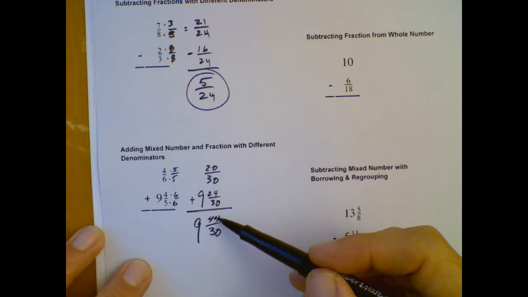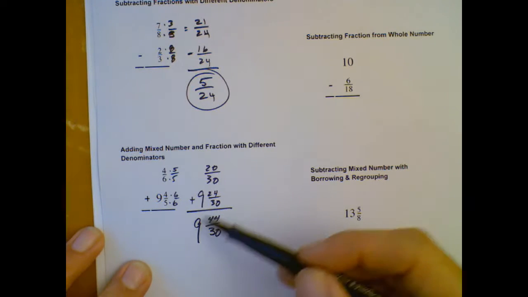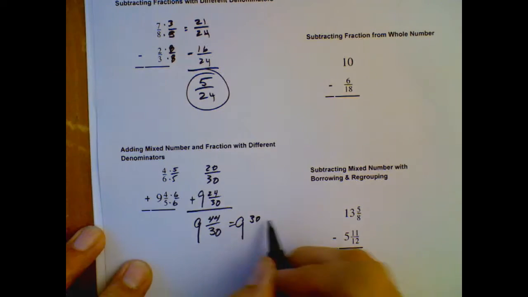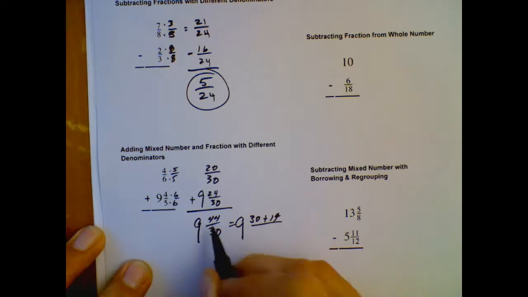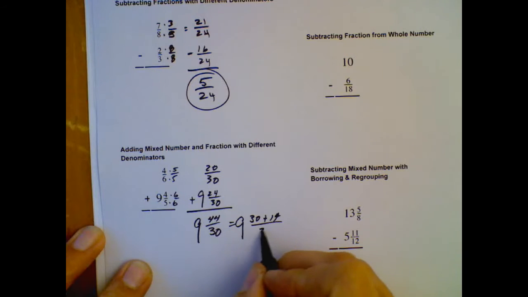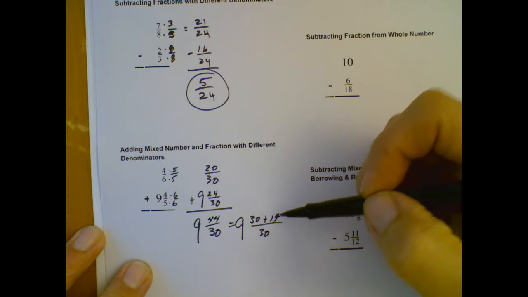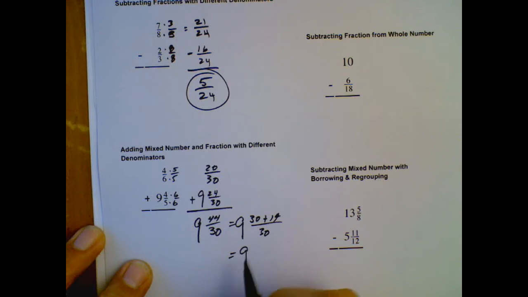The numerator is larger than the denominator, so I can regroup this, and I can get at least one whole out of this. 30 plus 14 is the same thing as 44, so I have 30 over 30 plus 14 over 30. I'll do it one step further.